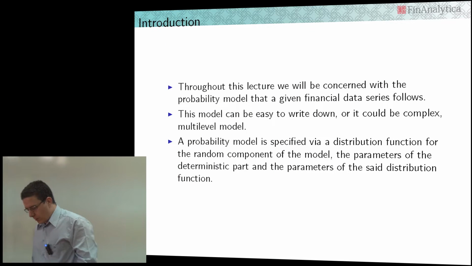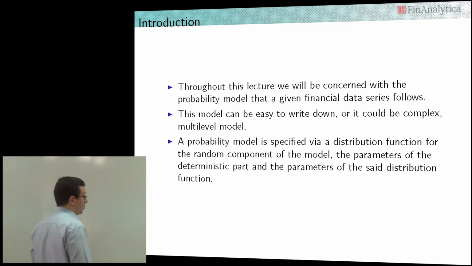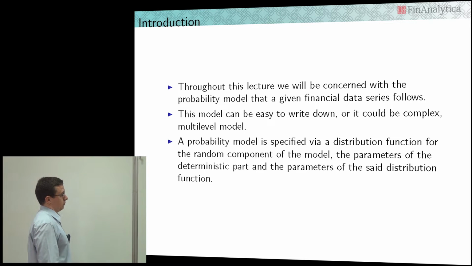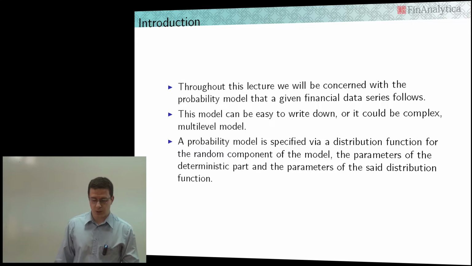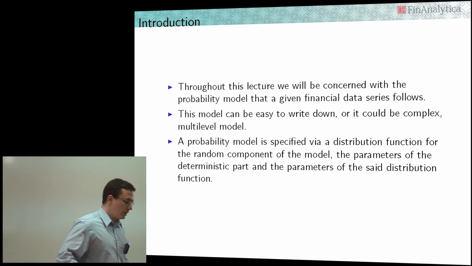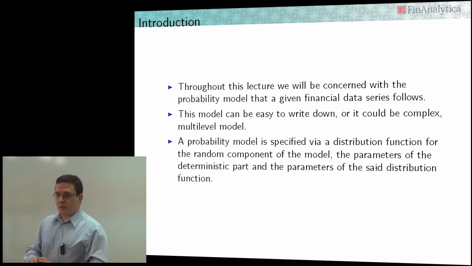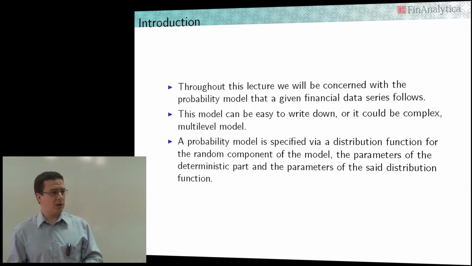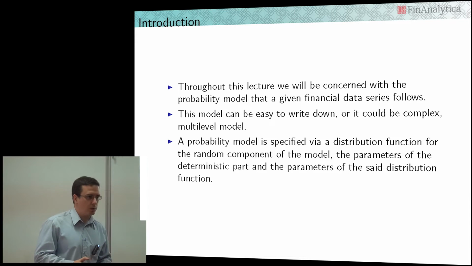Now, we'll be concerned with what a probability model is and how it is used for modeling financial data. A probability model can be something very simple: one variable follows a given probability distribution and that's it. Or it can be a little bit more complex.